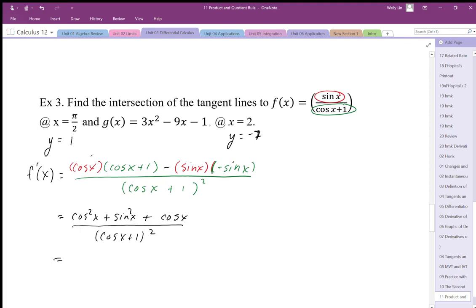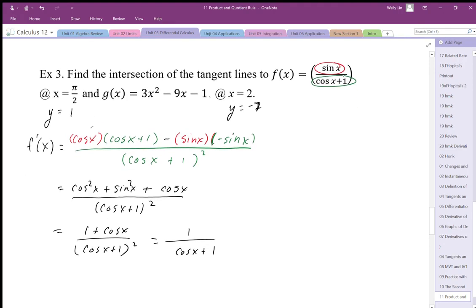When I simplify this further, I get 1 plus cos x in the numerator and cos x plus 1 squared in the denominator. So this even further simplifies to 1 over cos x plus 1. Just double checking my signs: that should be negative, negative, so that is a positive. And there's my derivative.